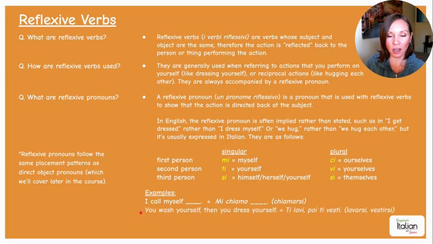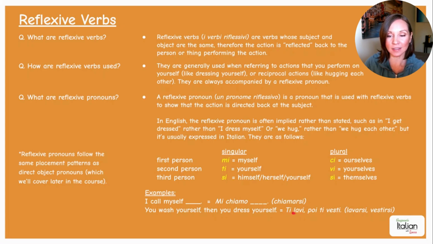Okay, you wash yourself, and then you dress yourself, would be ti lavi, poi ti vesti. In this case, we're using the reflexive verb lavarsi and the reflexive verb vestirsi. We put ti before the conjugated verb. So ti lavi.